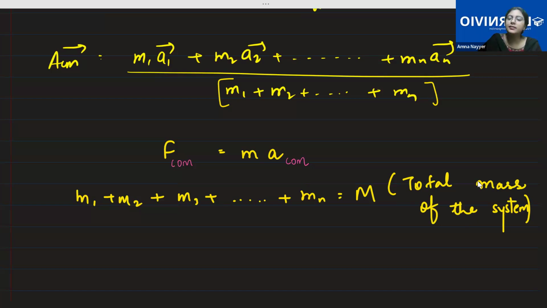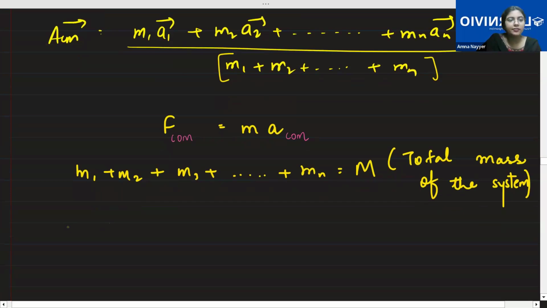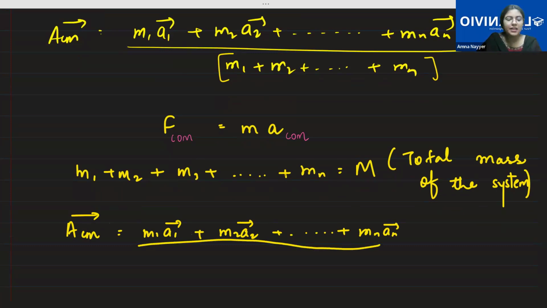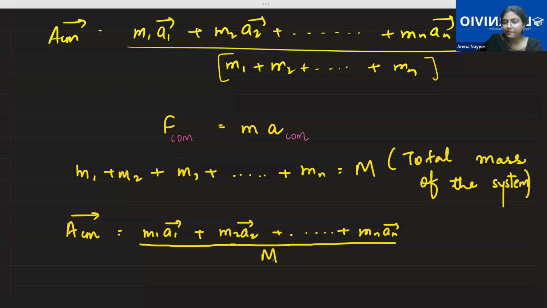Now, if this is capital M, and the acceleration of the center of mass is m1a1 plus m2a2 till mnth anth, can I write all these masses that I'm writing as capital M? Right? Total mass I've taken as capital M.